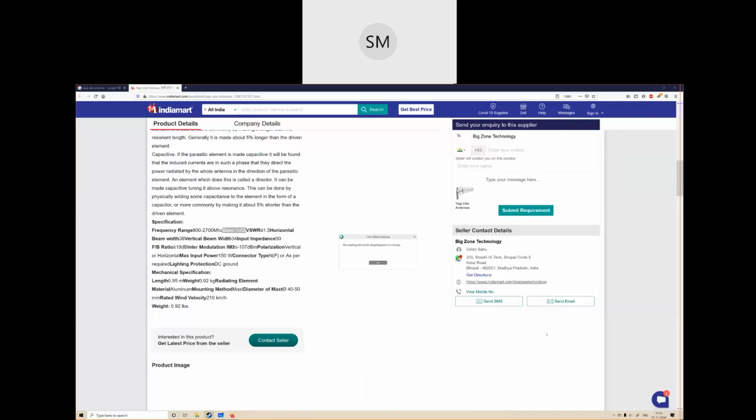Okay, VSWR less than 1.5. What does this mean? What is VSWR? We discussed this in the lab classes.